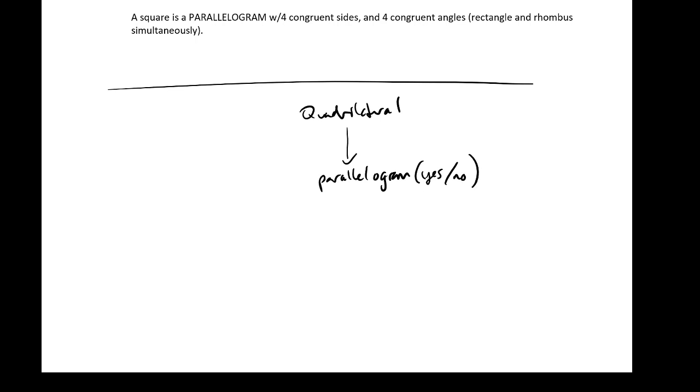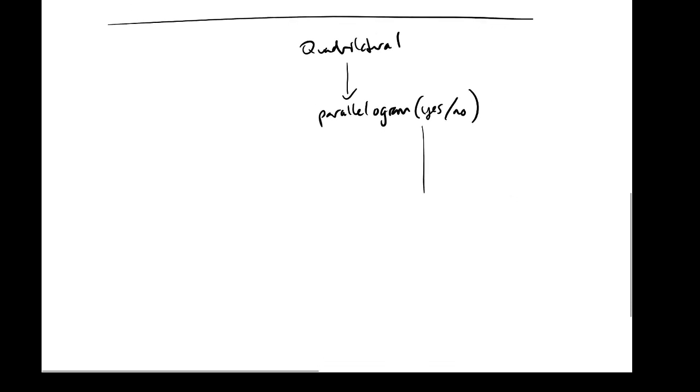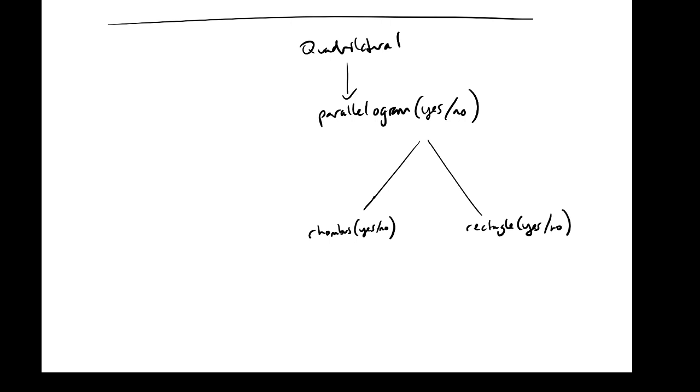If it's a yes, we have a couple tests to do. If it's a yes, we're going to say, is it a rhombus? And is it a rectangle? If it is a rhombus, yes, and it is a rectangle, yes, then your ultimate conclusion is that it's a square.